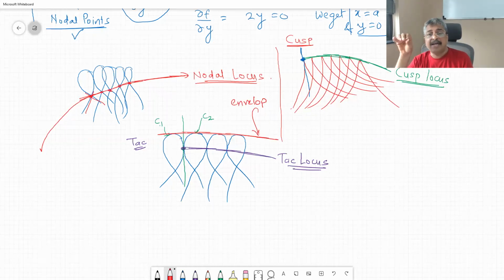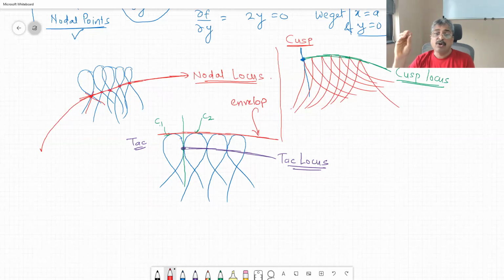So these are the three different loci, and the fourth one is the envelope. We have understood how to find the envelope, because that is what you might require in physics also, for finding projectile motion. If you find the envelope by this method, f of x, y, c is equal to 0 and del f by del c is equal to 0, you will get the envelope there also.